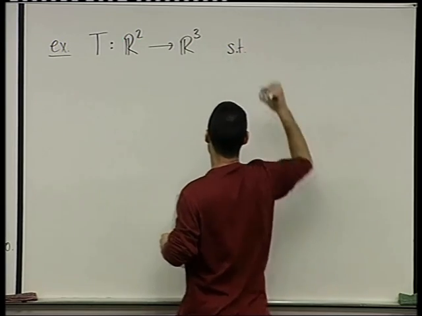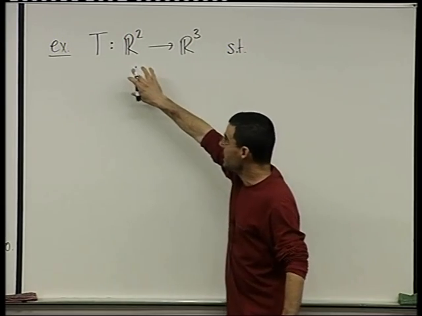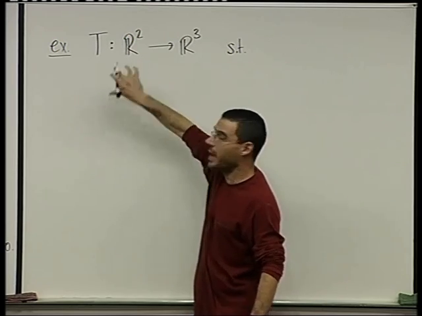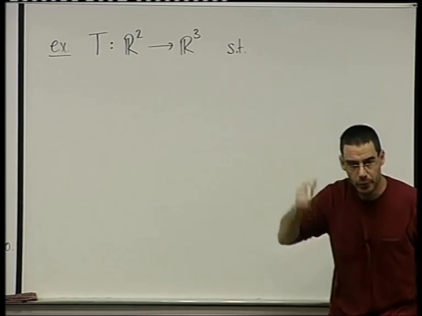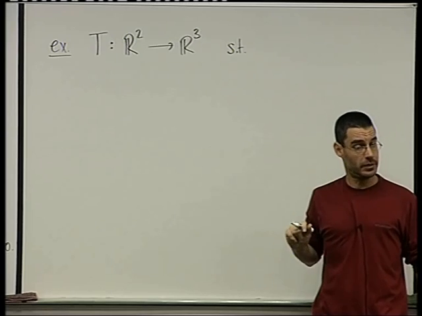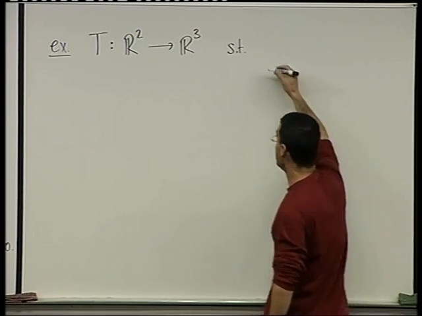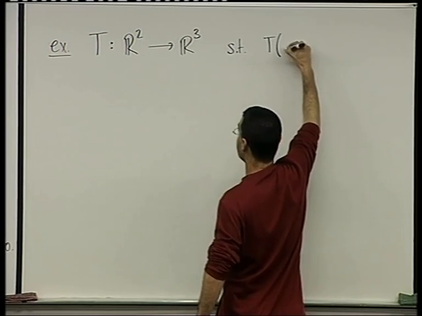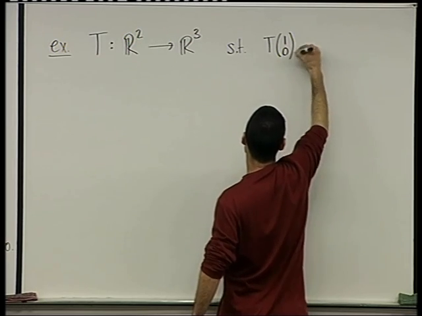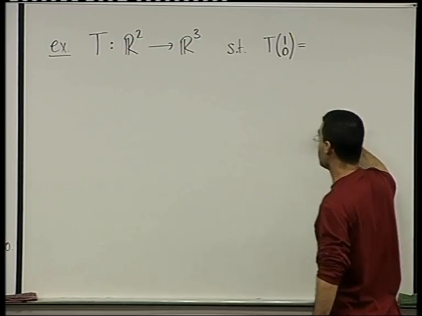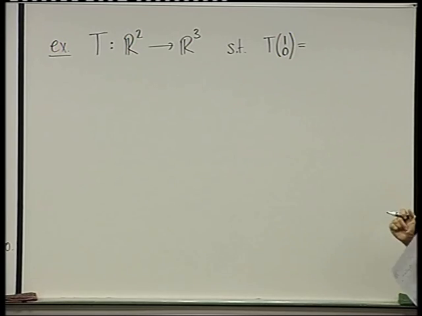such that I want it to perform in a specific way on R2. I want to prescribe what it does to the standard basis of R2, such that T of (1, 0) equals, I want to declare what it does to (1, 0).